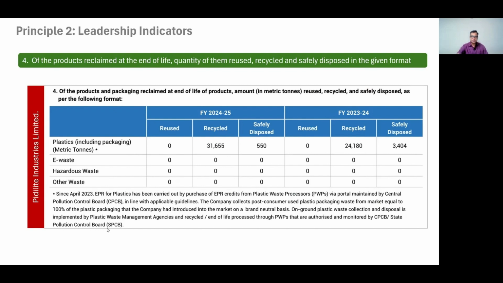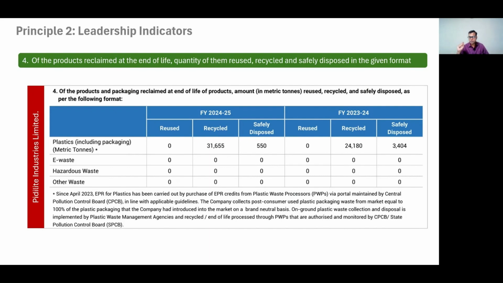So 31,655 tons of recycled plastic was through EPR credits. One thing regarding EPR, which I forgot to mention, is that Pidilite Industries Limited has introduced some plastic with the brand name Pidilite Industries Fevicol. It is not required that Pidilite Industries Limited has to buy the plastic of Fevicol only.